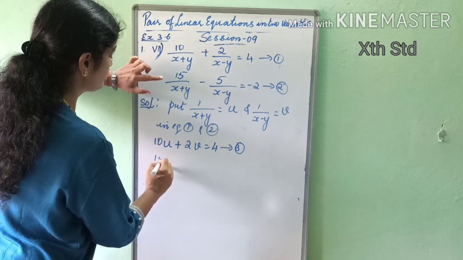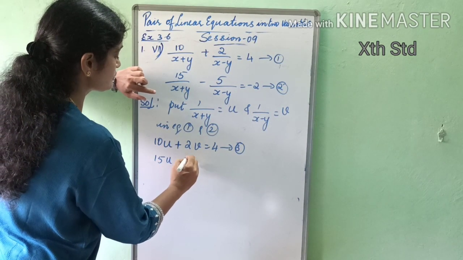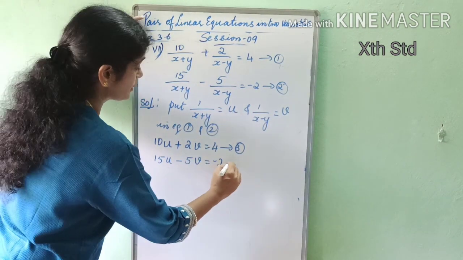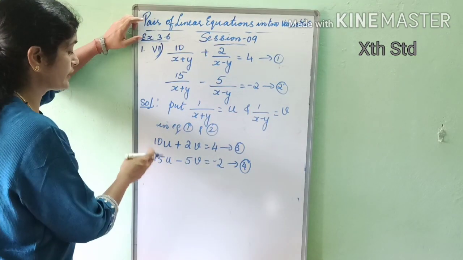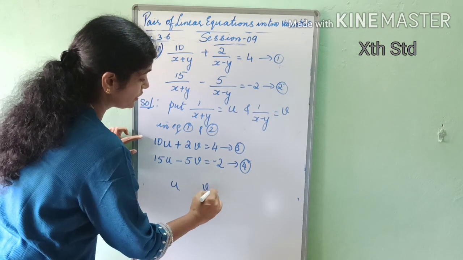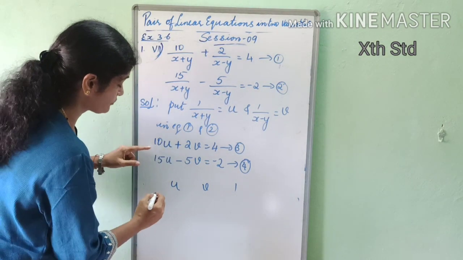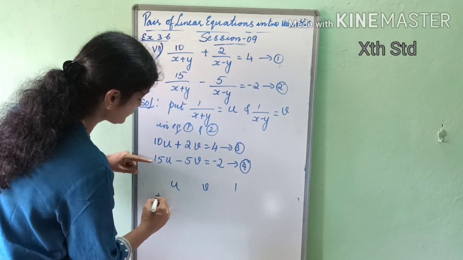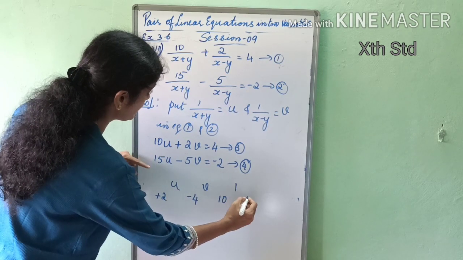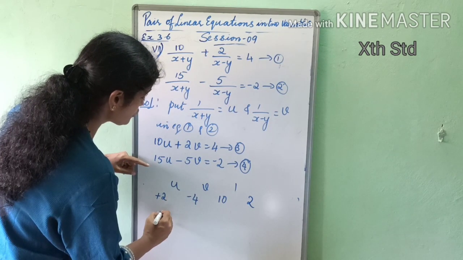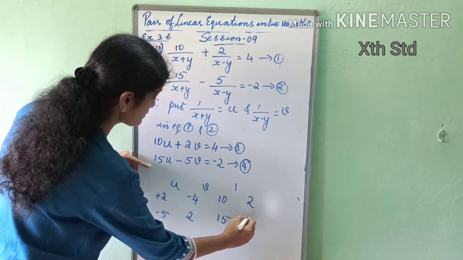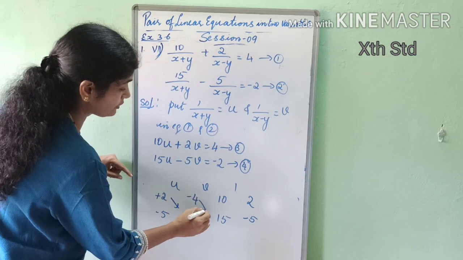Then next one, 15u minus 5v is equal to minus 2. This becomes your equation 4. Now, make the coefficients same or go for cross multiplication again. b1, c1, a1, b1, b2, c2, a2 and b2.